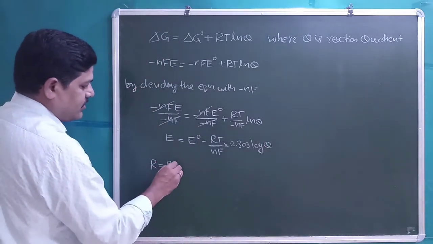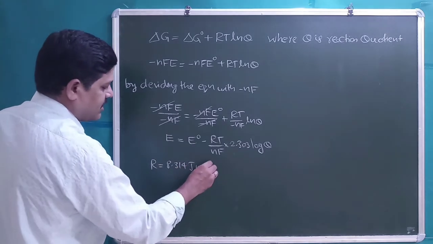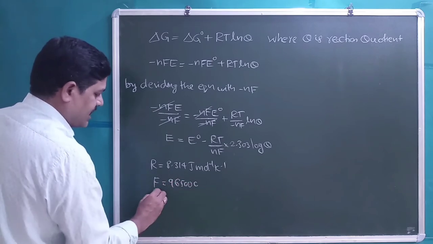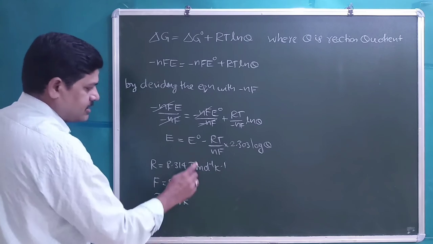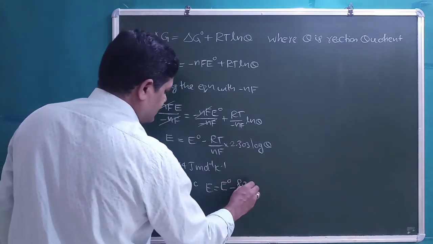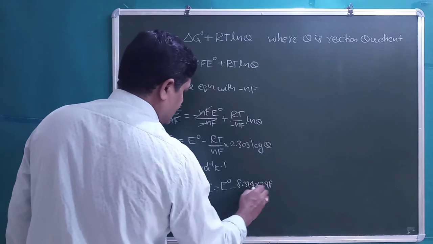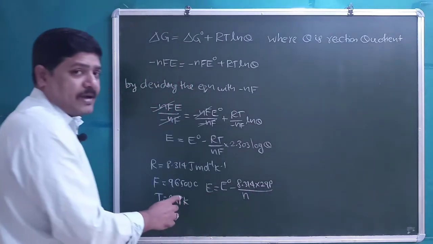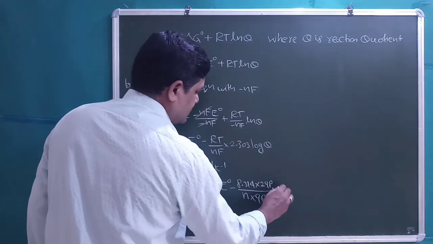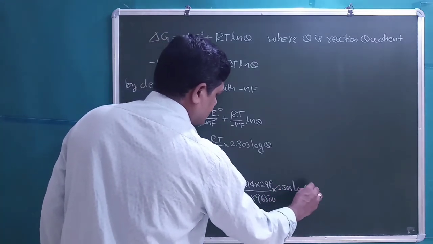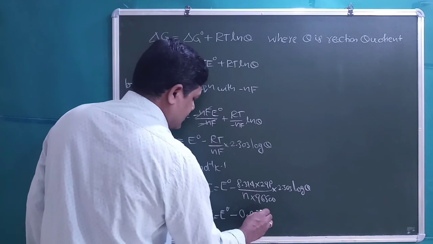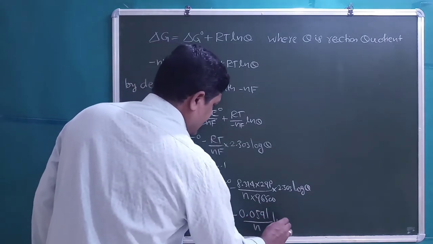By substituting R value 8.314 joule per mole per Kelvin, F is equal to 96,500 coulombs, temperature 298 Kelvin, E is equal to E naught minus 8.314 into 298 divided by n, which is variable and depends on the number of moles of electrons transferred in the reaction, into 96,500 into 2.303 log Q. On simplifying this, students will get 0.0591 divided by n into log Q.